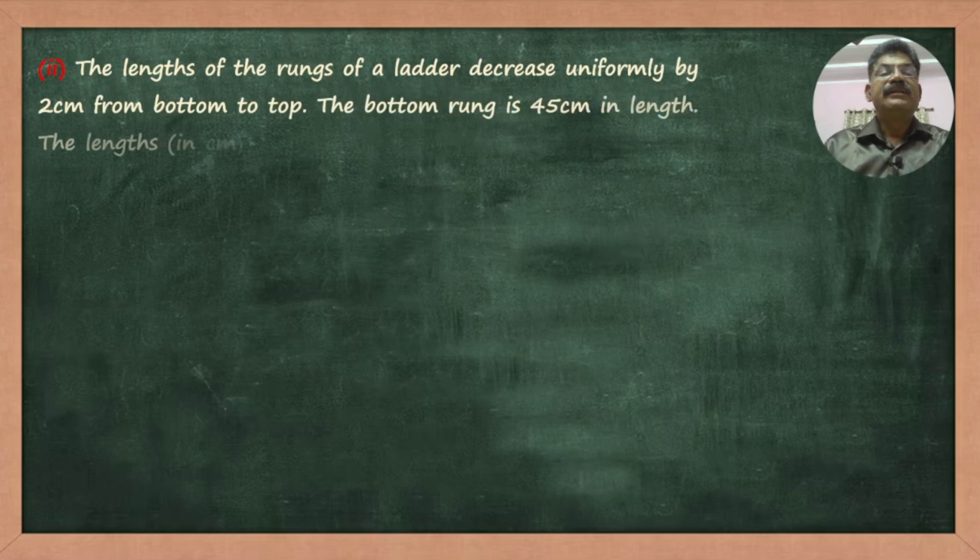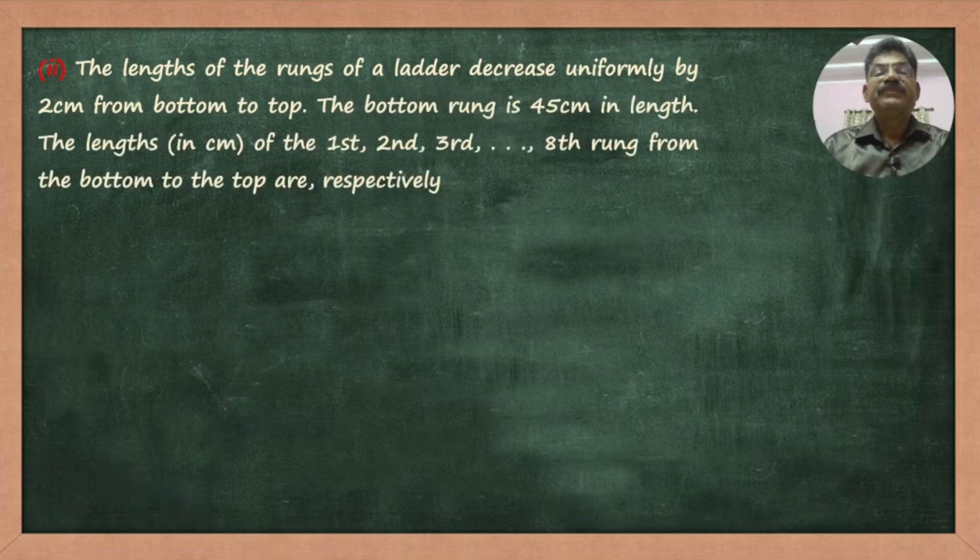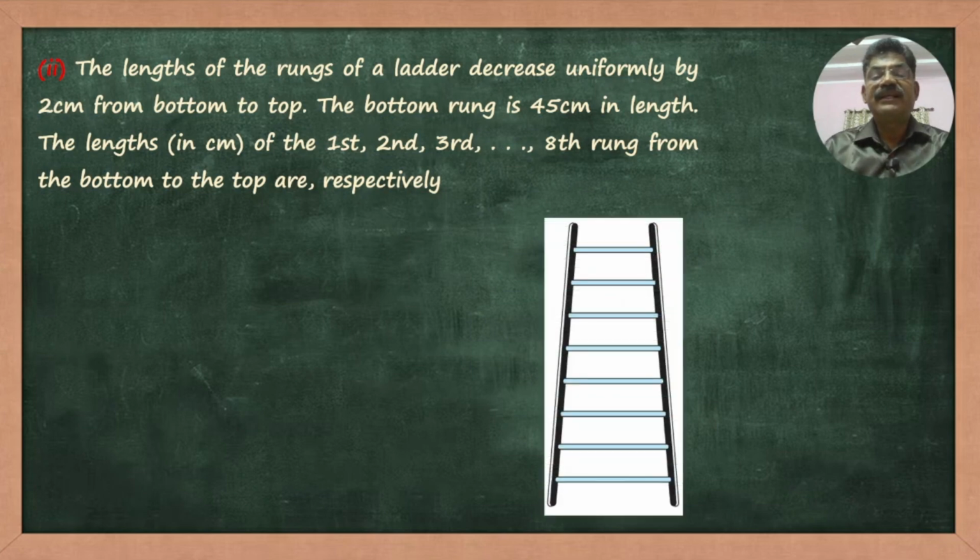Next example. The length of the rungs of a ladder decreases uniformly by 2 cm from bottom to top. The bottom rung is 45 cm in length. The lengths of the first, second, third rung from bottom to top are respectively... Before we see the numbers, let us see the diagram of the ladder. You see the bottom rung is lengthy and the topmost rung is comparatively smaller in length.